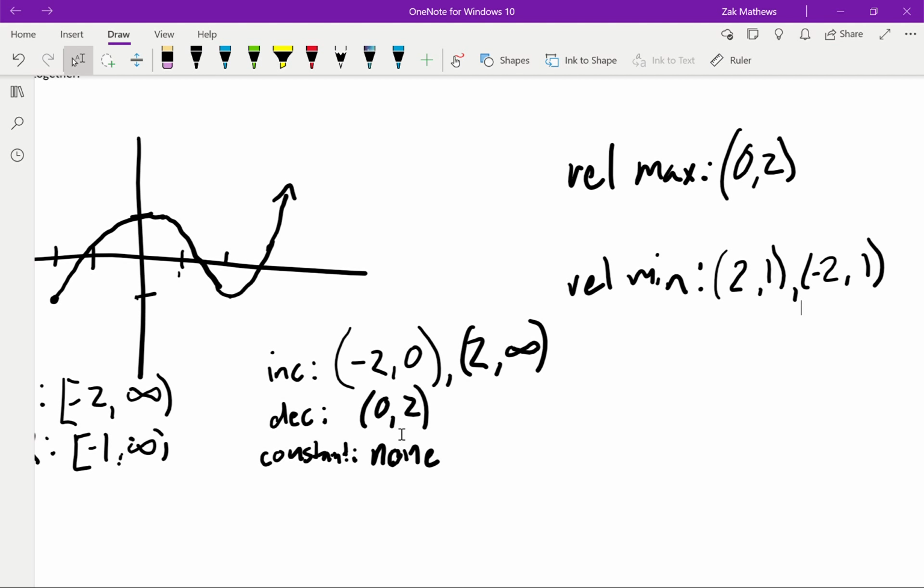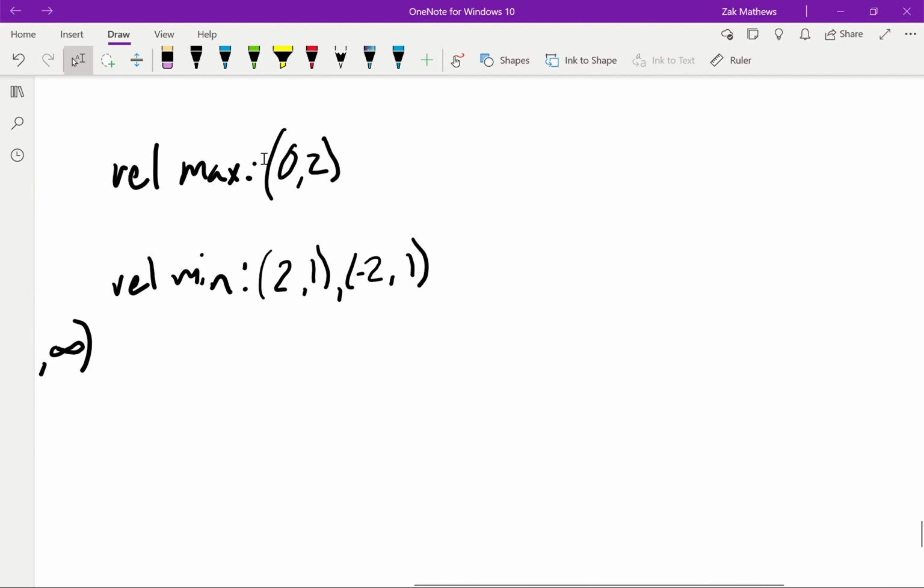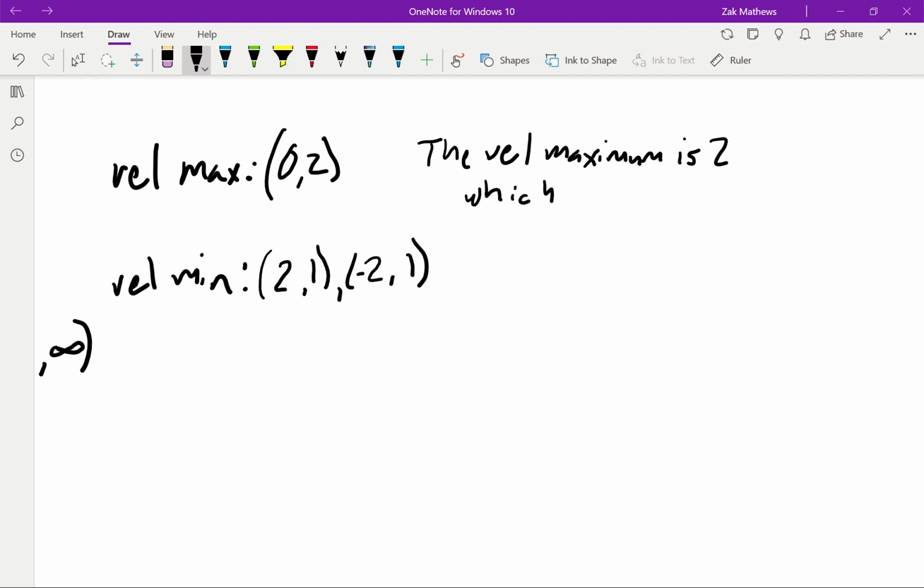Again, it could have had lower values across the function, but in its little neighborhood, if it's the lowest, that's good enough. Now, there's another way we could define these. I've done it as points in this case, but we could also define in terms of words. So we could say, in the first case, the relative maximum is 2. And the x value describes where it occurs, which occurs at 0.